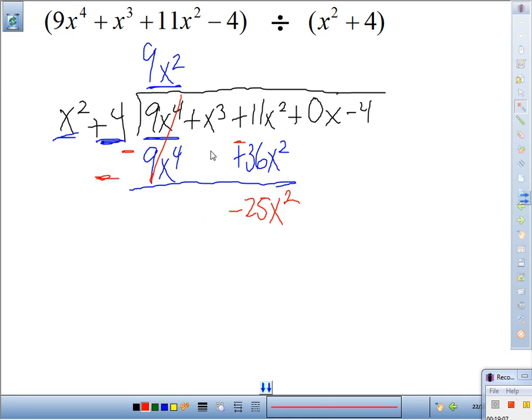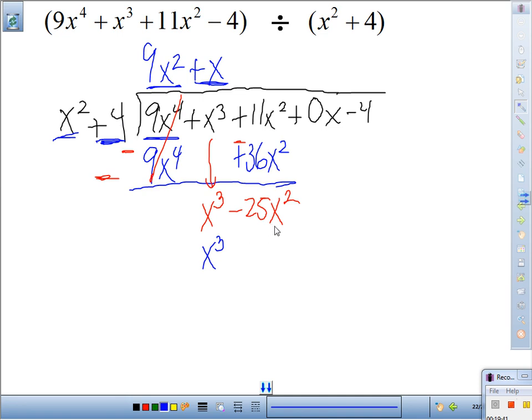I bring down my next term, x cubed. What number times x squared gives me x cubed? Positive x. x times x squared is x cubed. x times 4 is 4x.